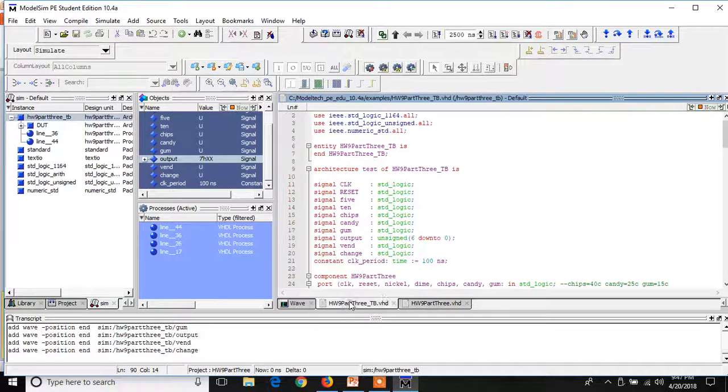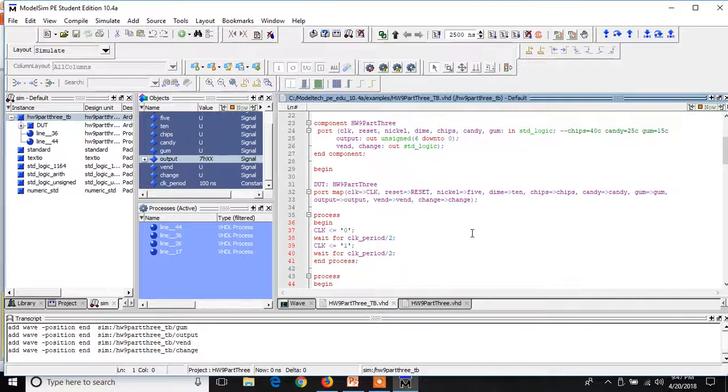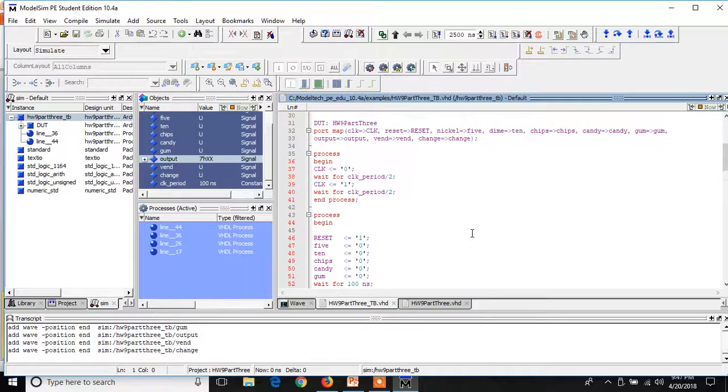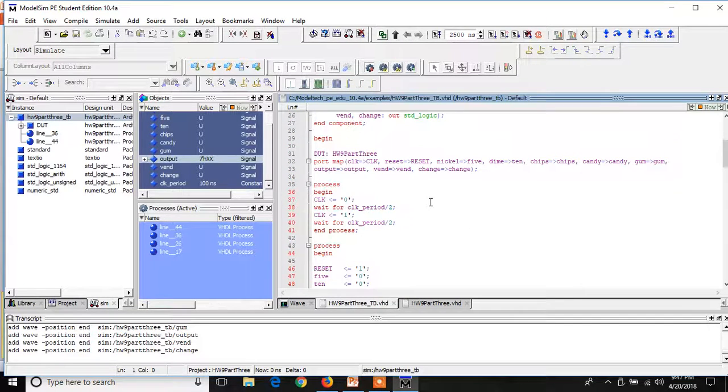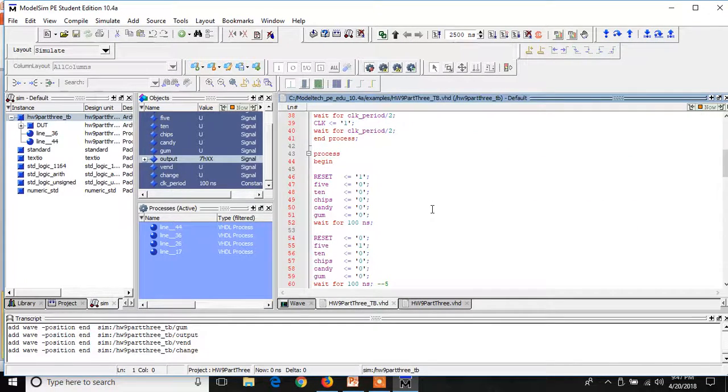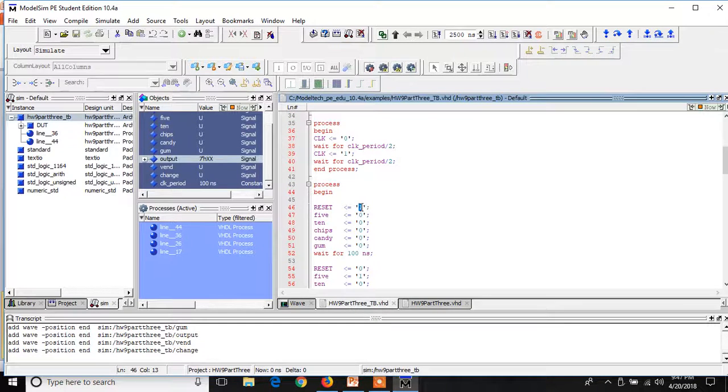So here's the test bench code. For test bench code, I am testing out starts at reset, and then reset turns off, and then I insert 5 cents.